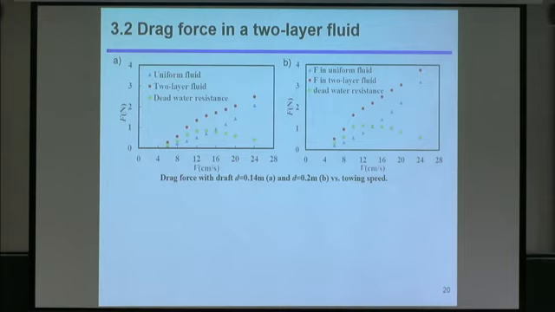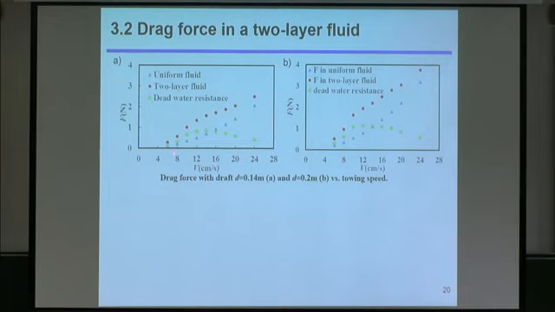But here we can compare with the uniform towing results we just did. Now these two pictures are with different drafts, this one is the shallow one, and this one the deep one. The red circle is the results in two-layer fluid, and the blue one is the uniform results, and the green one, the difference, is the dead water resistance.